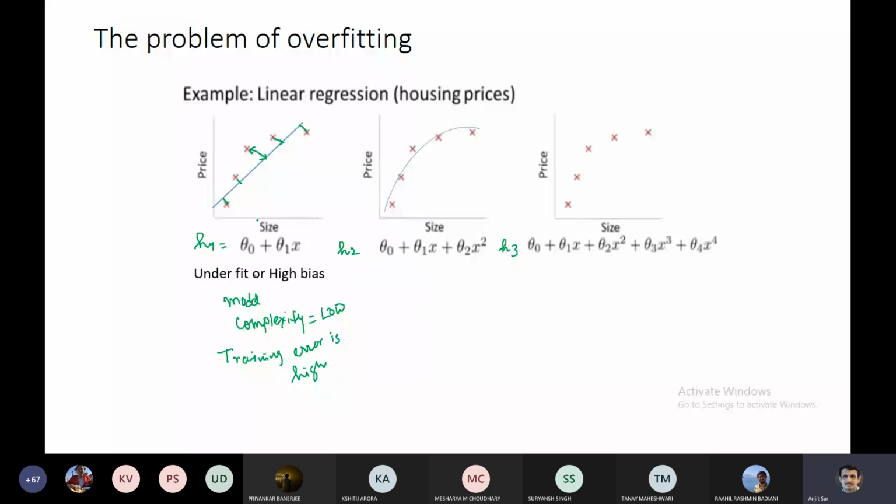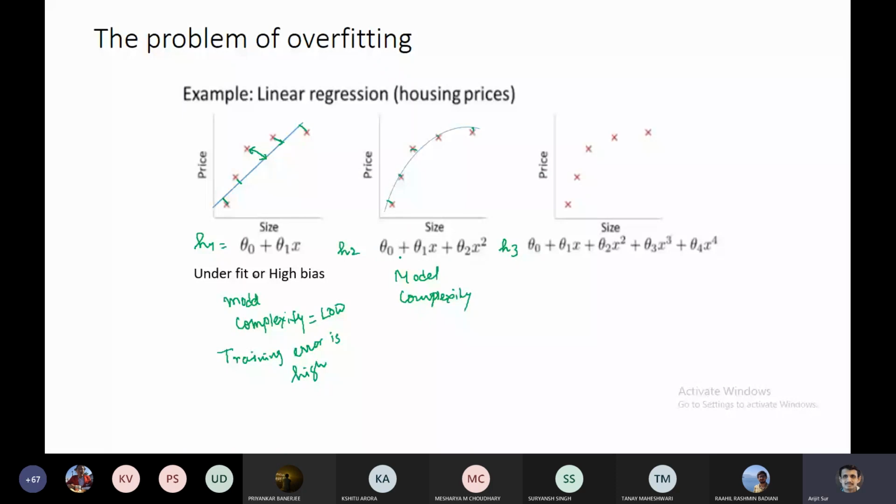Now look at this curve. This curve is somewhat better at representing these data samples, so the corresponding errors are minimized a lot. But the model complexity is higher. How are you going to measure the model complexity? By the degree of polynomial.